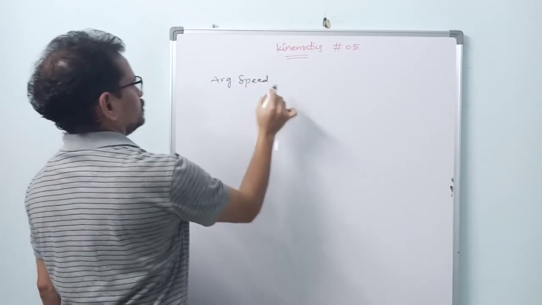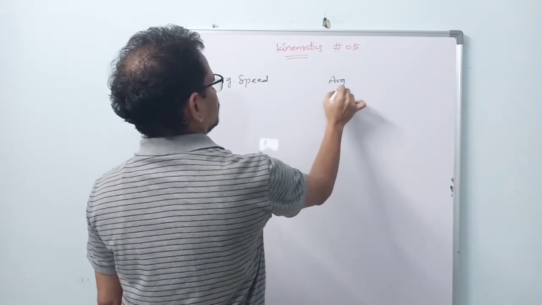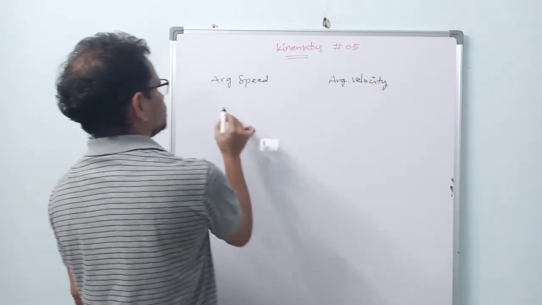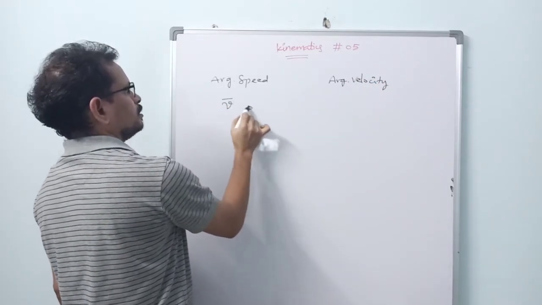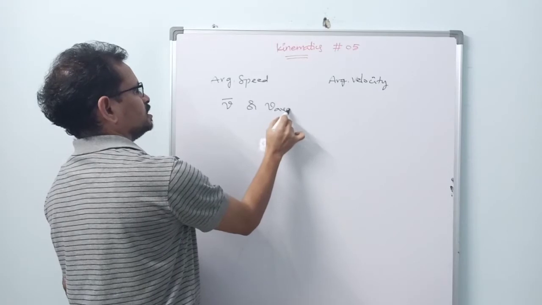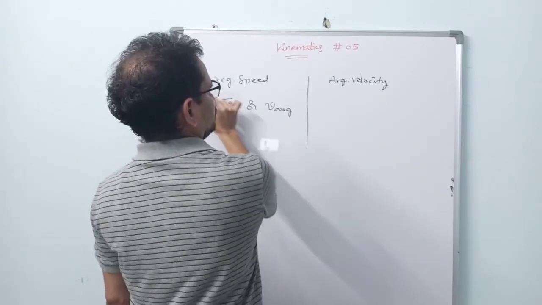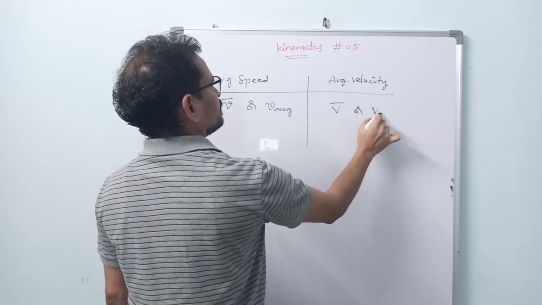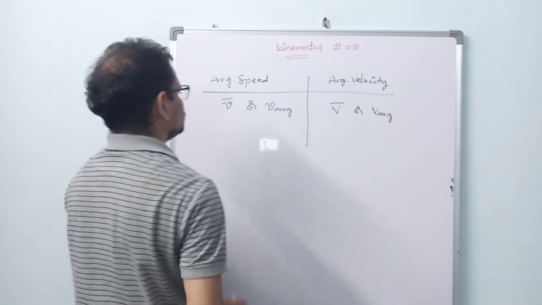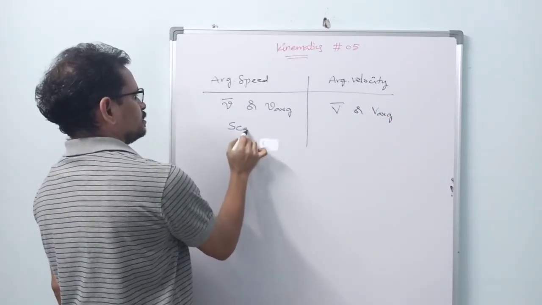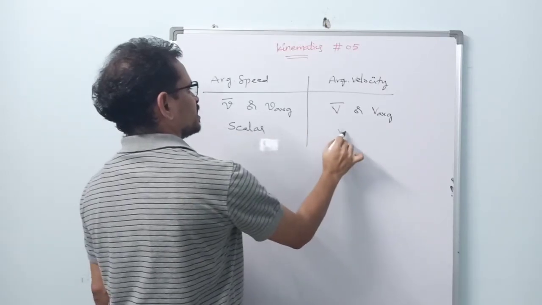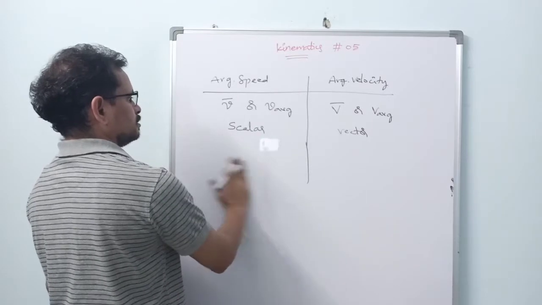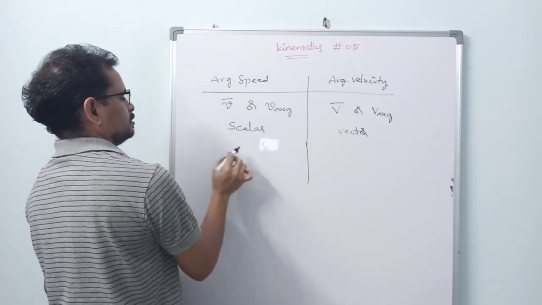Average speed, average velocity. What is the symbol here? V bar, capital V bar, or capital V average. Average speed is a scalar, average velocity is a vector.